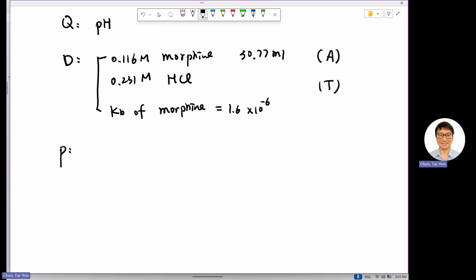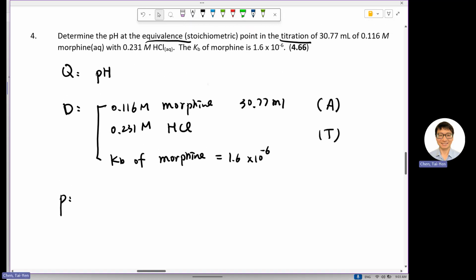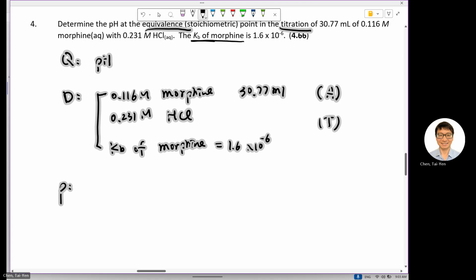Strong acid, strong base, weak acid, weak base, or buffer? Weak base. How do you know it's a weak base? A few clues, right? If you give me Kb, it has to be weak. B means base, so a weak base.